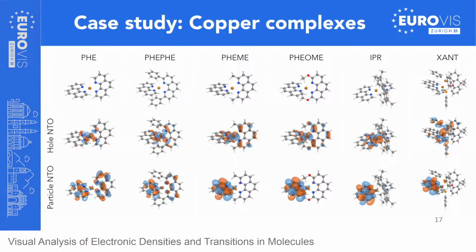If you use the traditional approach of direct visualization using isosurfaces, this is the result. In the middle row, we show the whole natural transition orbital, and at the bottom we show the particle natural transition orbital. We can examine each molecule individually, and then probably we can learn something, but we don't see any patterns here.